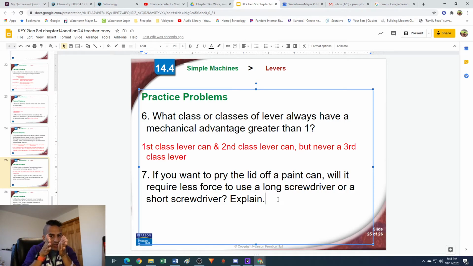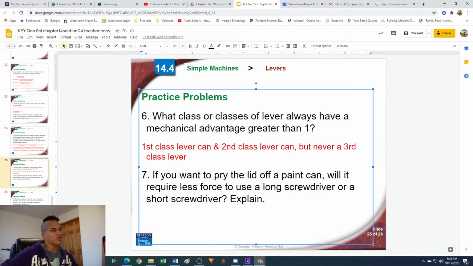If we have a short screwdriver, that distance is shorter. So long distance means less force, whereas with a short screwdriver, the distance is small, therefore the force is larger.